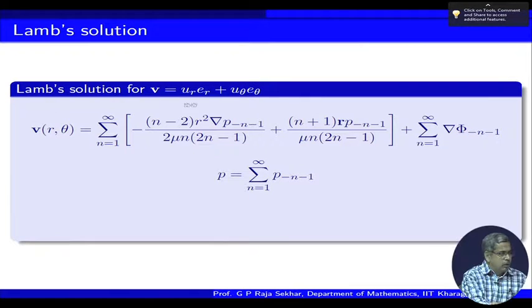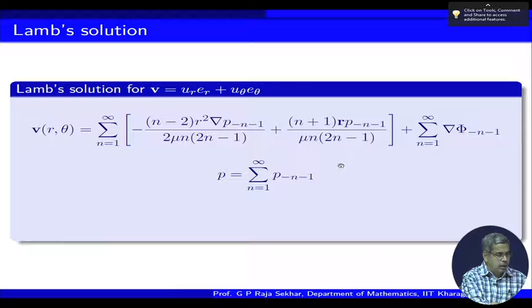So, let us consider, we assume that the motion is axisymmetric, therefore we have only radial and tangential components. We have seen in the previous class how the Lamb solution gets reduced for the axisymmetric case. Basically, it is expressed only in terms of two scalar harmonics, that is P n and phi n.